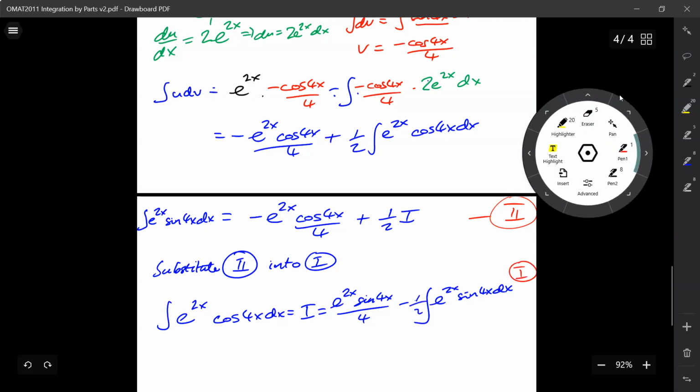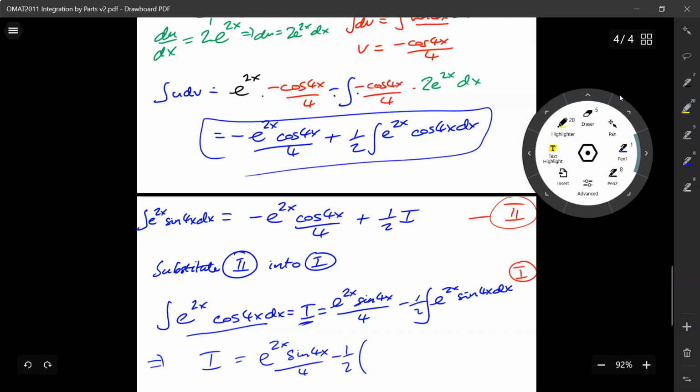Now what I'm going to do is substitute equation 2 into it. So I'm not repeating that part, I just have the I here, is exponential 2x times sine 4x over 4 minus a half, and then I'm substituting this bit in.